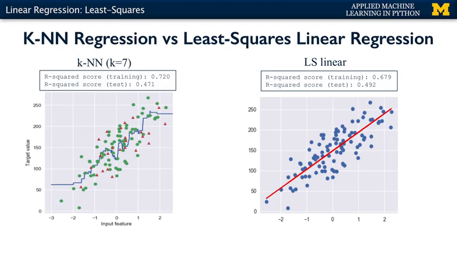And so it's better at more accurately predicting the y value for new x values that weren't seen during training. And we can see that the linear model gets a slightly better test set score of 0.492 versus 0.471 for k-nearest neighbors. And this indicates its ability to better generalize and capture this global linear trend.